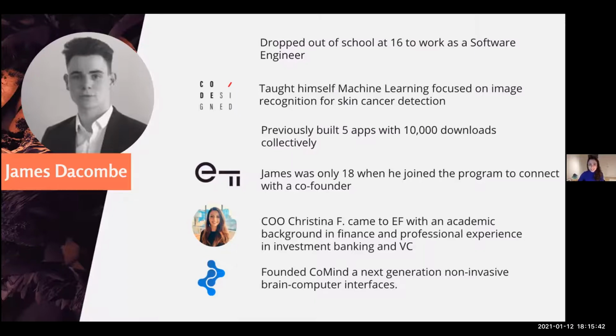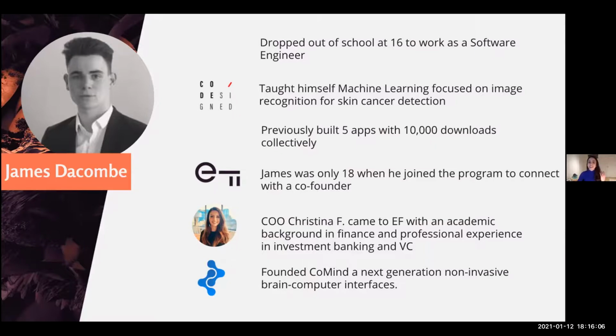He decided to leave high school to pursue a role as a full-time software engineer. And while he was working, he developed a brain-computer interface technology and left his job to focus on this full-time. He continued to develop his skills in machine learning through taking online classes, self-study, and later he applied to join EF when he was 18 years old.